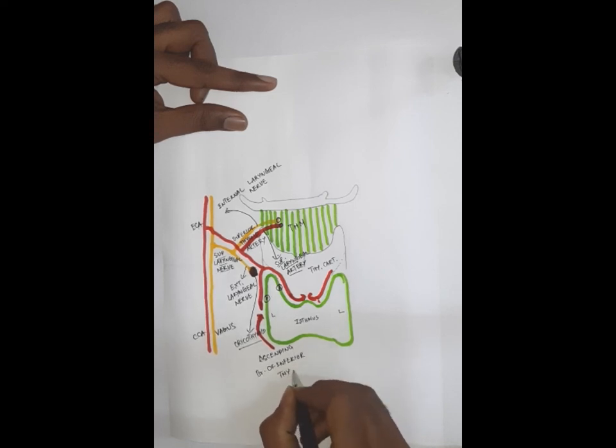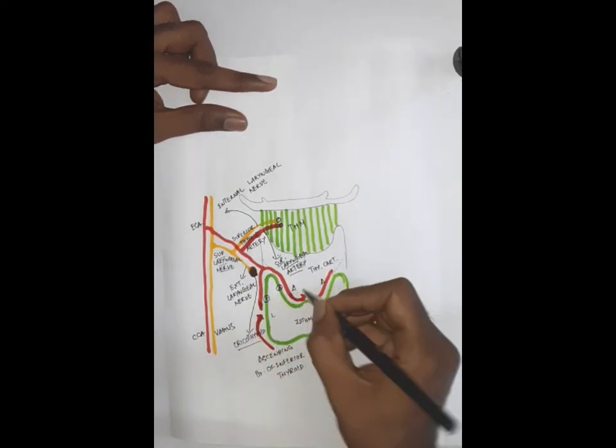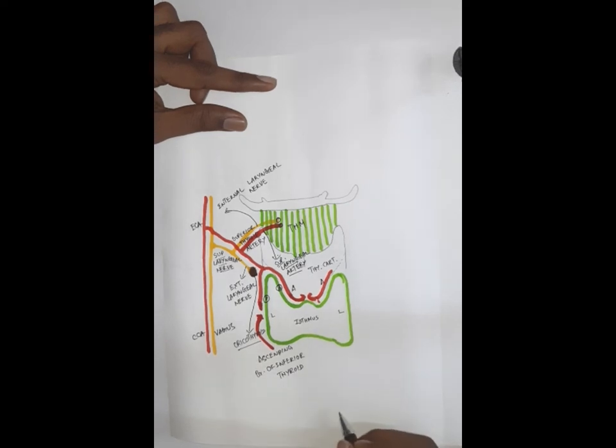The anterior branches of both sides anastomose above the isthmus. Okay, this is a simple diagram showing a simple explanation of the nerves and vessels related to the thyroid gland and the related areas. Thank you.